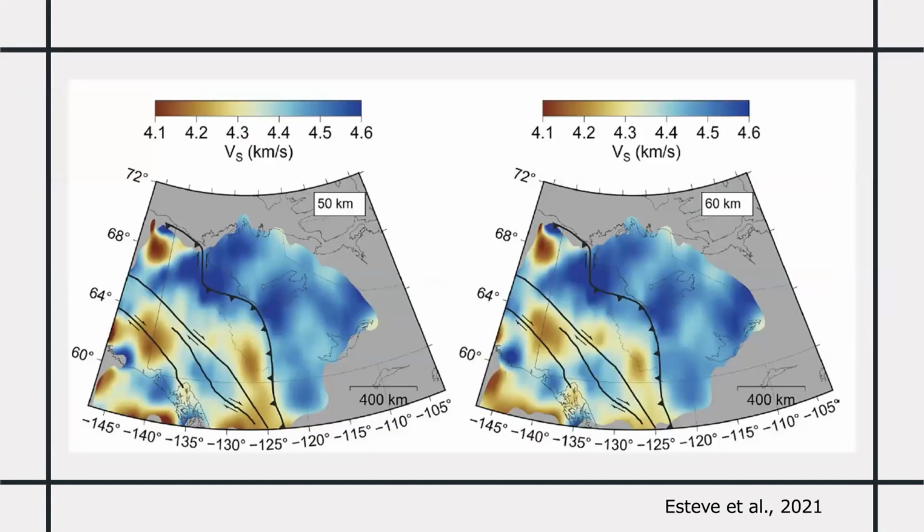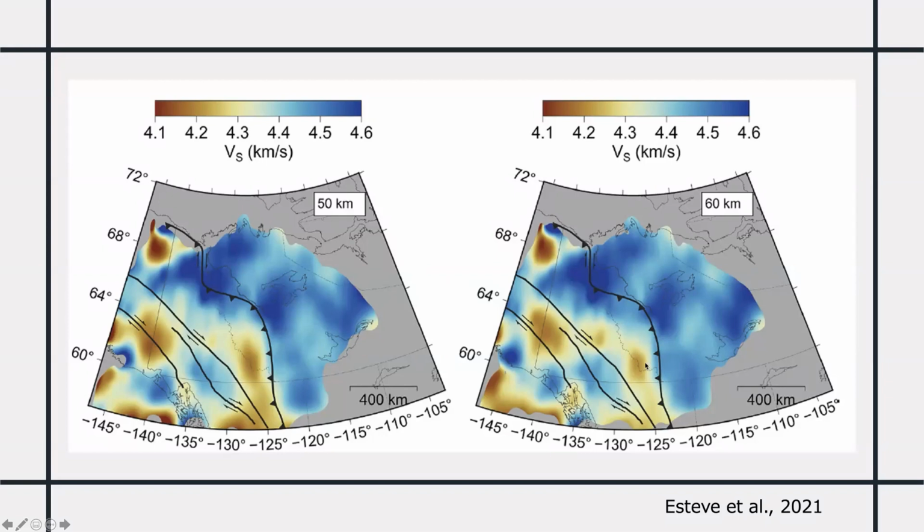We can look at earthquake-based surface wave tomography. This is S-wave velocities derived from surface wave phase velocities and group velocities. And what we see is a low velocity, slightly oriented to the south of the crustal low velocity anomaly.